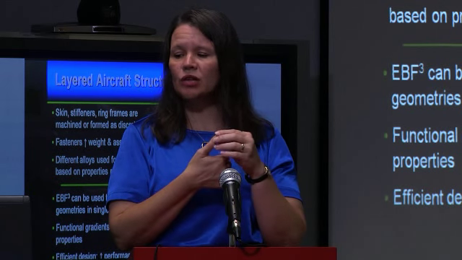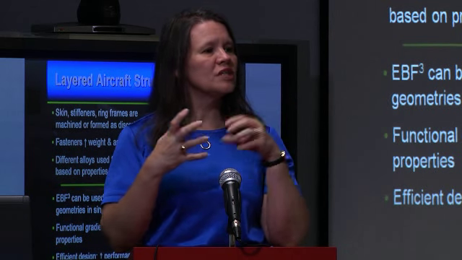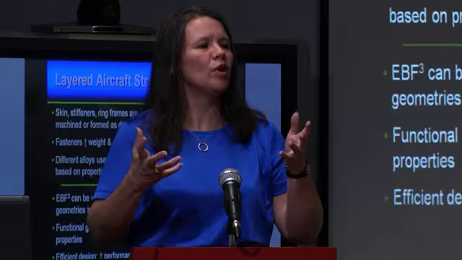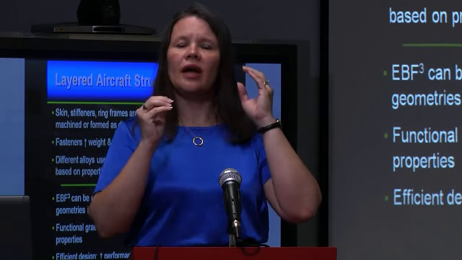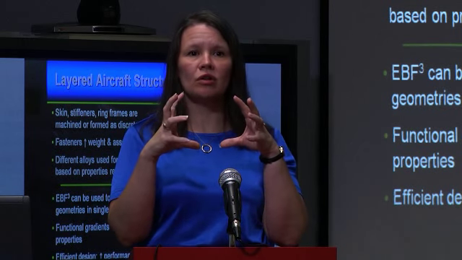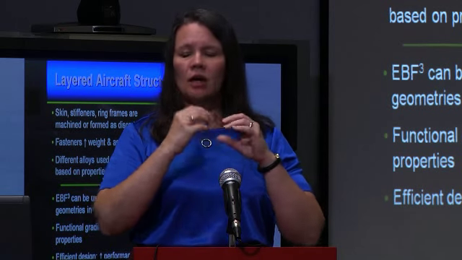But they can take the right material for different components within that. And so if they want something that's higher strength or higher stiffness, because it's separate parts, you can put a high strength material for your ring frames, and a high stiffness material for your stiffeners, and a high toughness material so it doesn't crack, a good thing on a fuselage, for the skin.